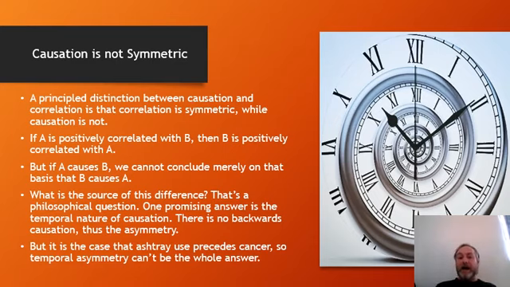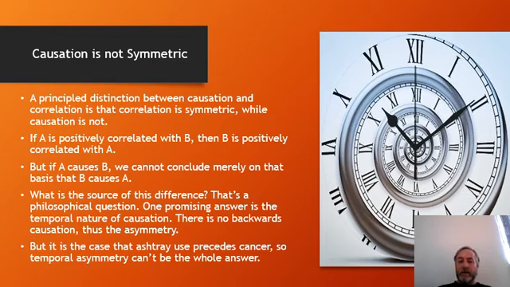Why is causation asymmetric? That's a deep question for philosophers of science, maybe even philosophers of time. You might think time is asymmetric: we can't go back in time, we only go forward, various sci-fi scenarios notwithstanding. So maybe you think that's the source of the fact that there's no backwards causation.